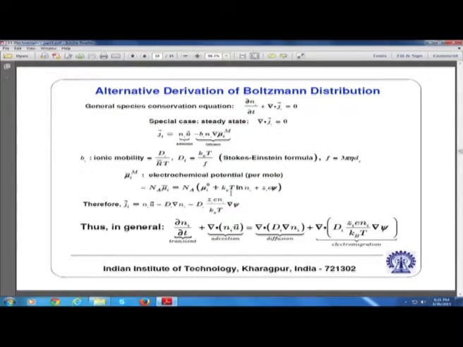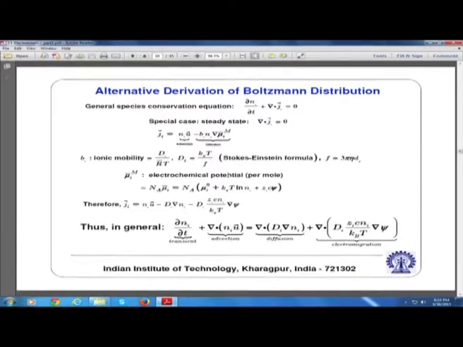That assumption is very much there. But it is more general than the Boltzmann distribution itself, because the Boltzmann distribution considered a special case when the system is in equilibrium, but here you are considering transport, basically a fluid flow field, and you can also have unsteadiness.